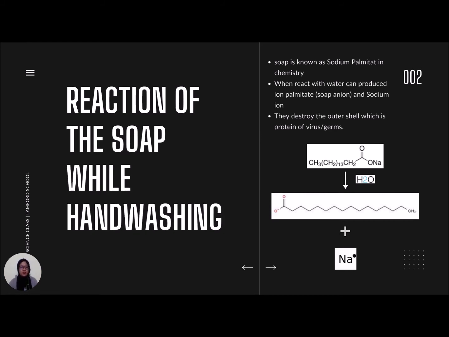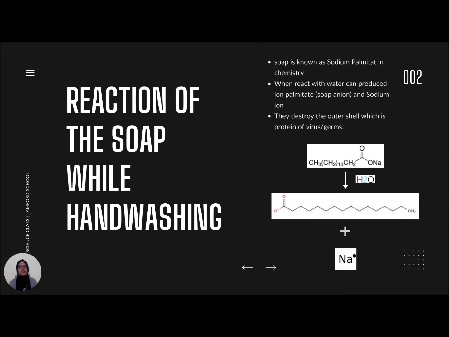Today, I want to present about the reaction of the soap while hand washing and the chemical content in hand sanitizer. Soap is known as sodium palmate, which is produced from the reaction of palm oil with sodium hydroxide.